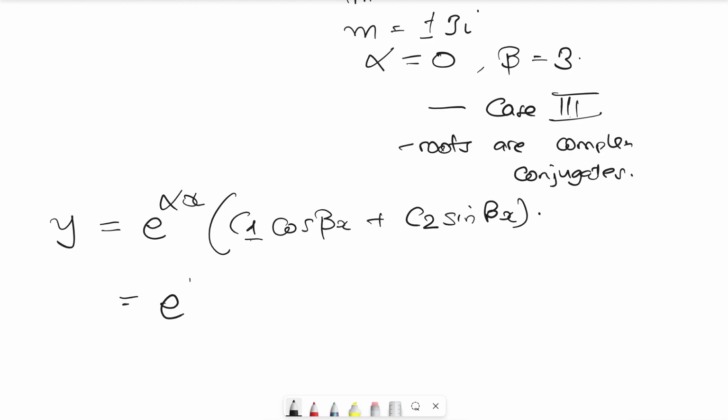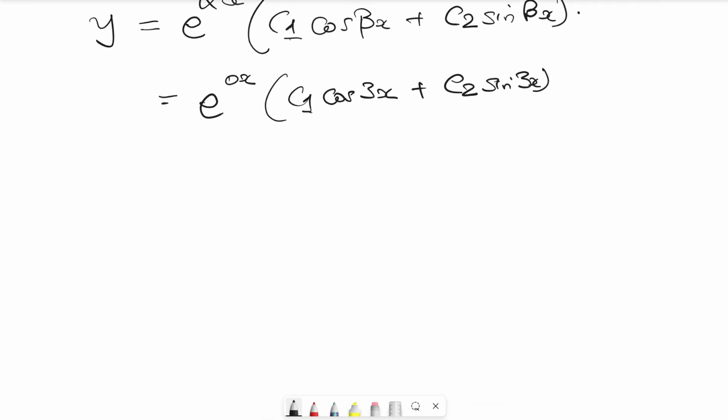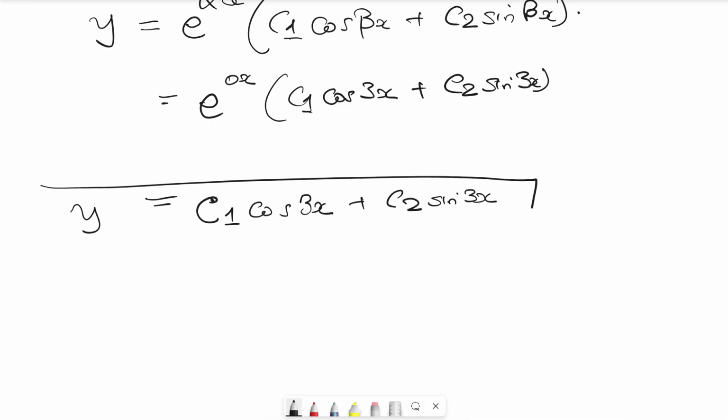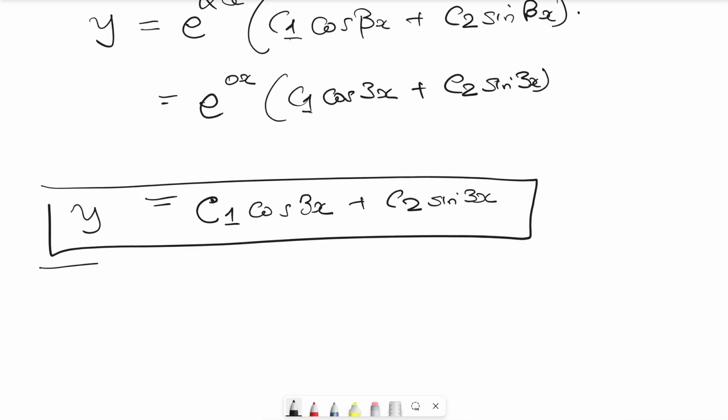So it will be e power 0x (c1 cos 3x plus c2 sin 3x). Here we obtain that y is equal to c1 cos 3x plus c2 sin 3x, and this will be our answer to the question.